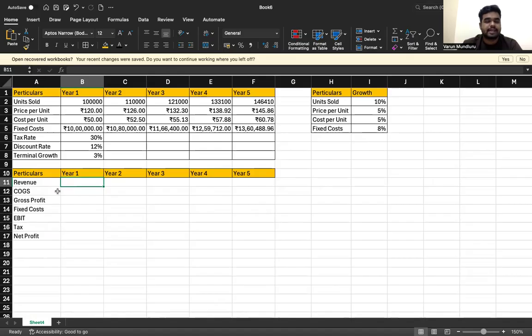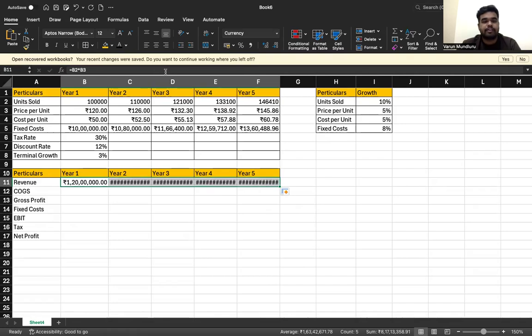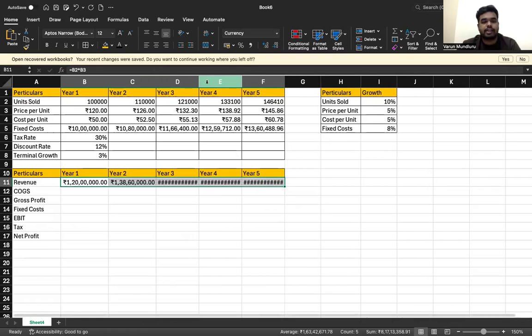Now, let us find out the revenue. To find revenue, we will be multiplying units sold by the price per unit. Now dragging it till year 5, we will be getting the revenues for all the years.